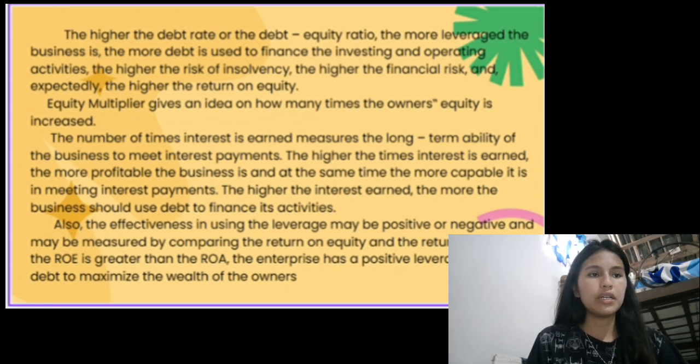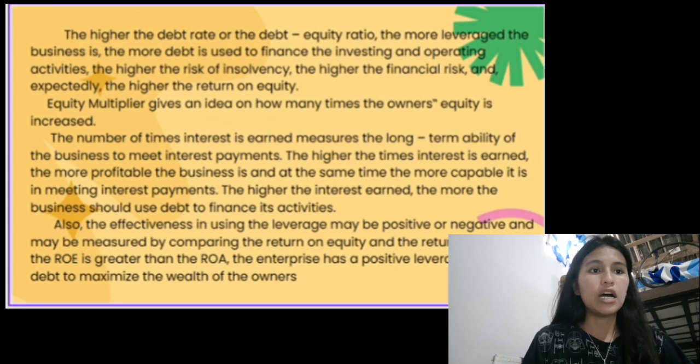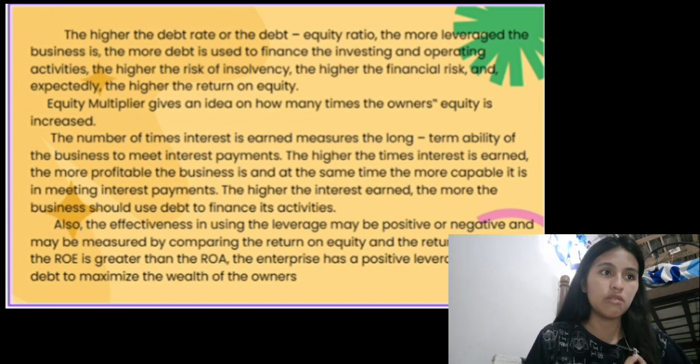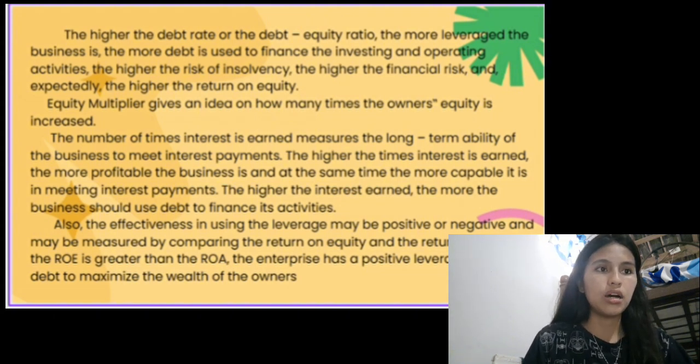So, also the effectiveness in using leverage may be positive or negative and may be measured by comparing the return on equity and return on asset. If the ROE is greater than the ROA, the enterprise has a positive leverage and uses debt to maximize the wealth of the owners.